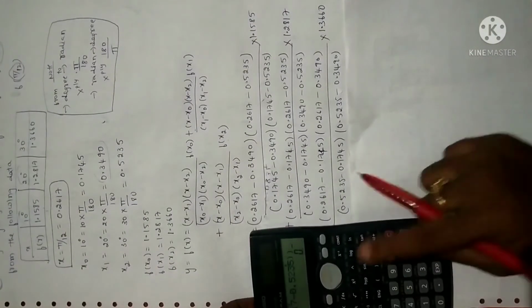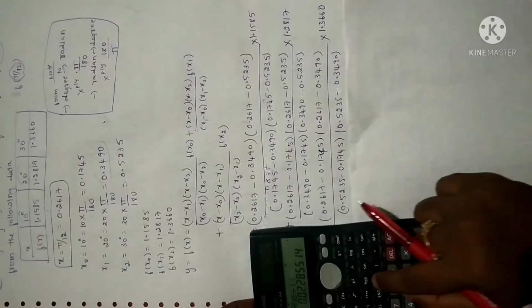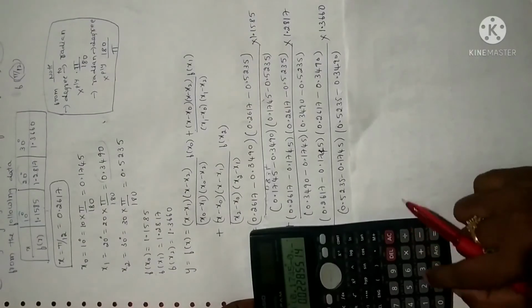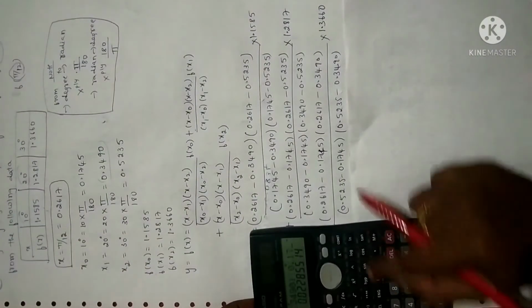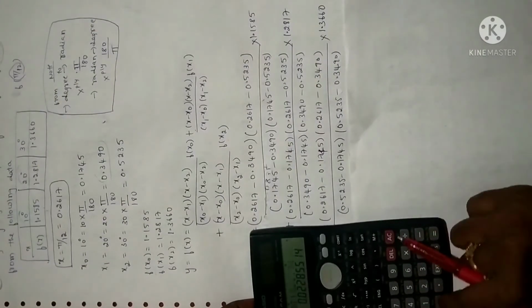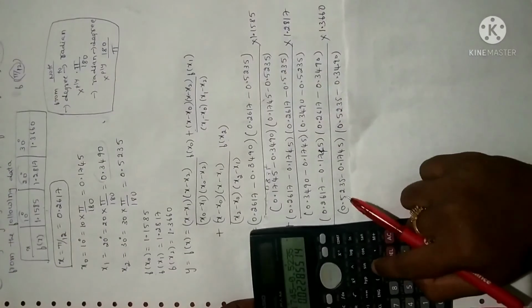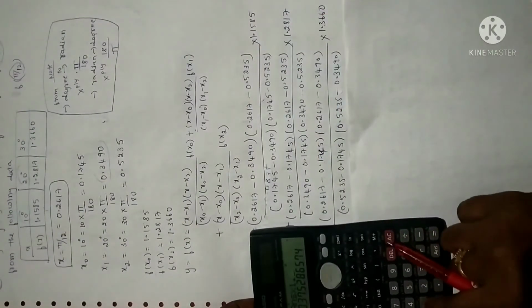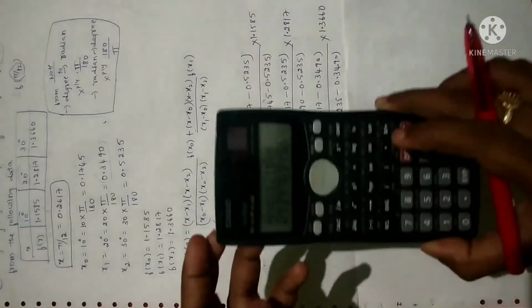Close bracket, 2 brackets you need to close, again plus equal sign, divided by, open 2 brackets, 0.1745 minus 0.3490. Close bracket, again open bracket, 0.1745 minus 0.5235, close 2 times bracket, plus equal sign, again multiply with 1.1585. So when you multiply, you will get 0.4347.